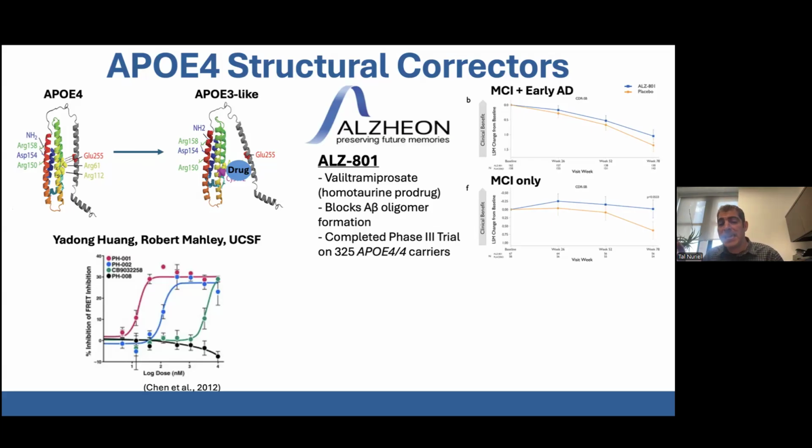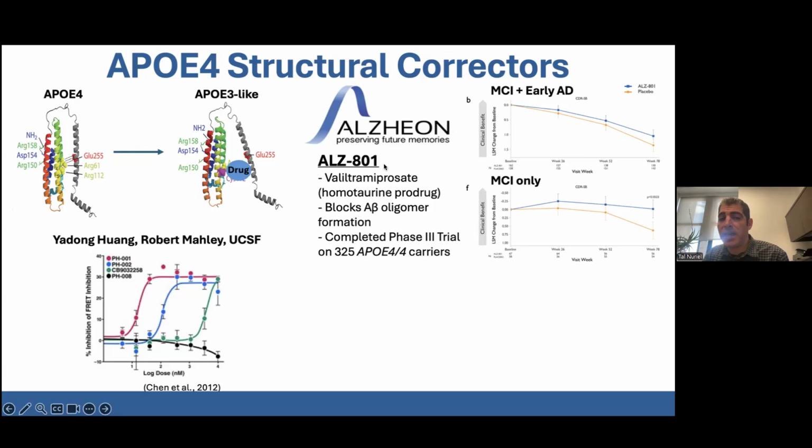Ostensibly, what they say their drug does, and I'm sure it does do this, is block A beta oligomer formation. And they completed a phase 3 trial, a very ambitious, very well-designed phase 3 trial on hundreds of APOE4 carriers with MCI or early AD.